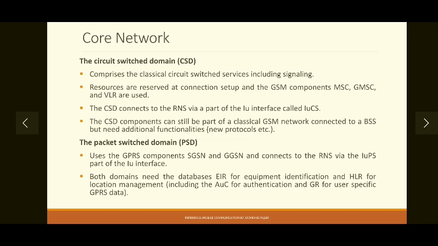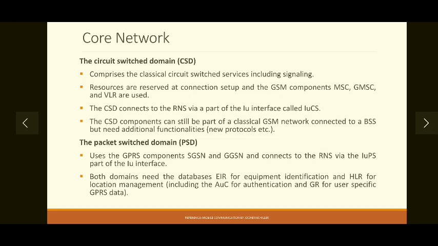So all the protocols which we use for GSM and GPRS will still exist, but to support 3G there will be additional protocols installed in the architecture. Okay, similarly in packet switching, it uses GPRS components such as SGSN and GGSN and connects to the RNS via the IuPS part of the Iu network.